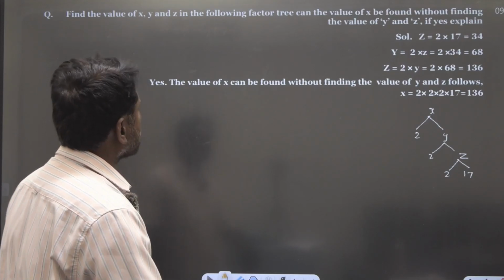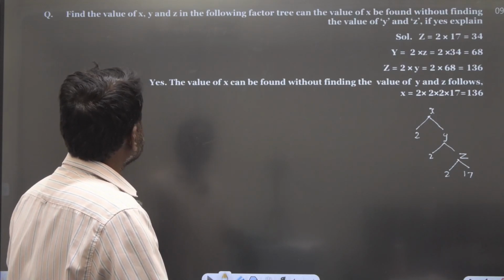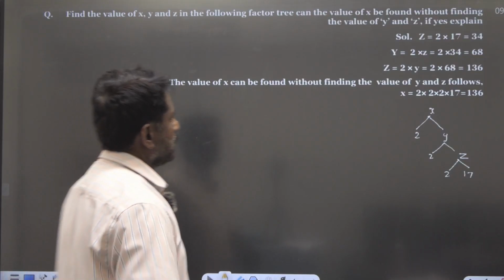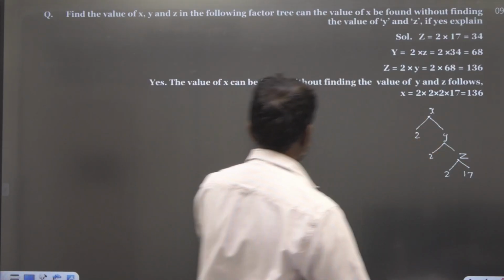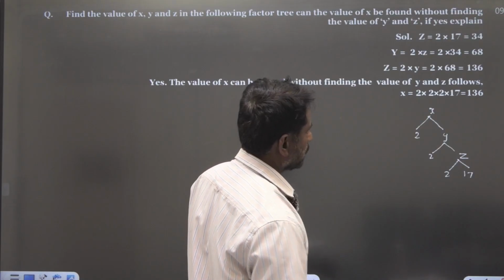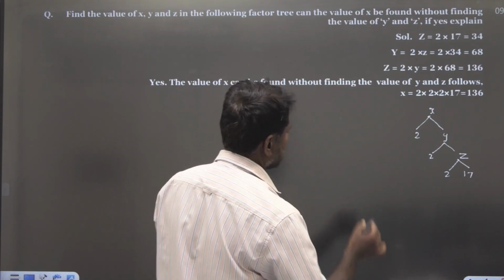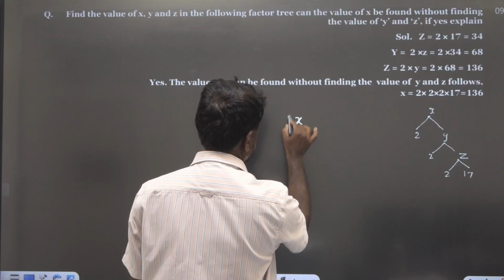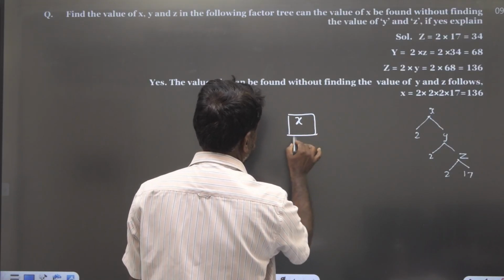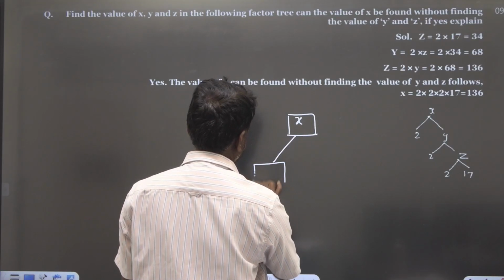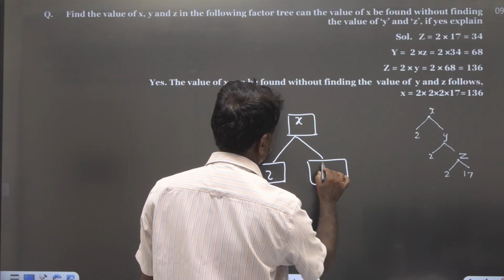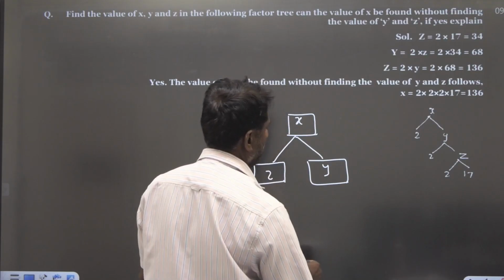Another question. Find the values of x, y, and z in the following factor tree. Can you see the board? I can draw it like this: suppose this is x, with factors 2 and y.